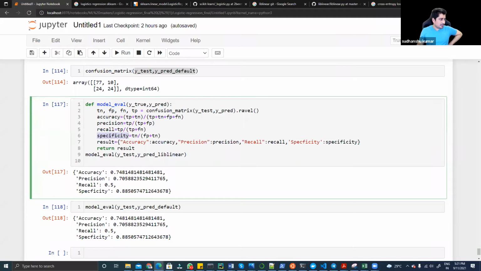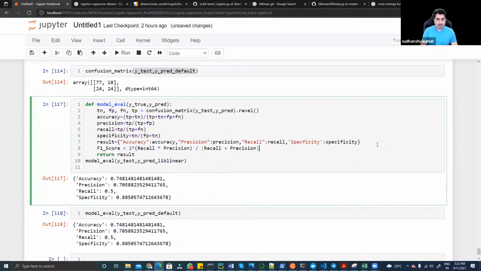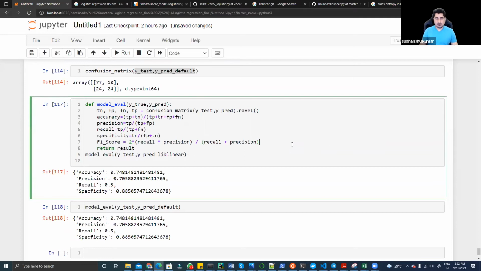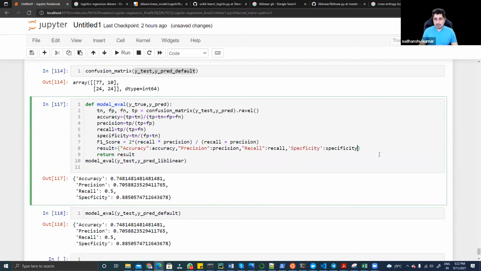Okay, so precision we are able to find out, recall we are able to find out, right? Can I say that I can try to find out even F1 score? So if someone asks me, can you please try to find out an F1 score, yes, I can. It will be nothing but recall into precision. I just have to change this variable, recall and precision.